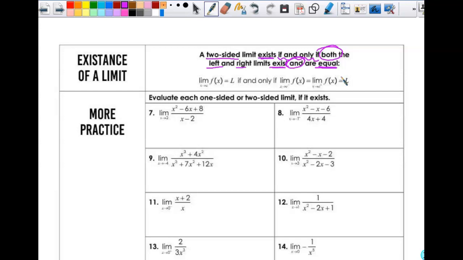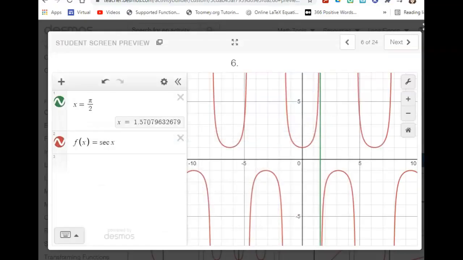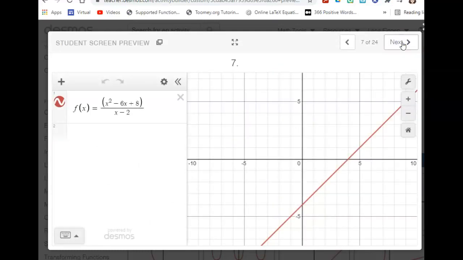All right, so let's look at number 7. When I look at number 7, I want to know the limit as x approaches 2. So if I'm dragging along here, well, at 2, it's undefined, right? If you're not sure what that is, you can drag and kind of figure it out from this. But remember, we could also look at a table. And when we did the tables yesterday, we put in a bunch.